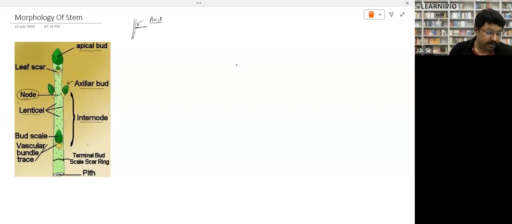So what are the common characteristics of a stem? Every stem will have node and internode. That is a common characteristic. Please note it down.